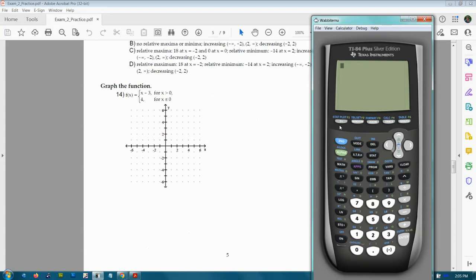So we go to y equals, and what have I got here? The function is x minus 3, provided that, studying the stipulation, in parentheses, x has to be bigger than 0. Second function, math, and strictly greater than, which is number 3, x is greater than 0, and I close that parenthesis up.